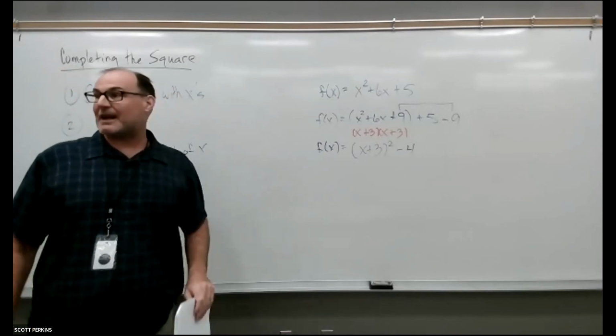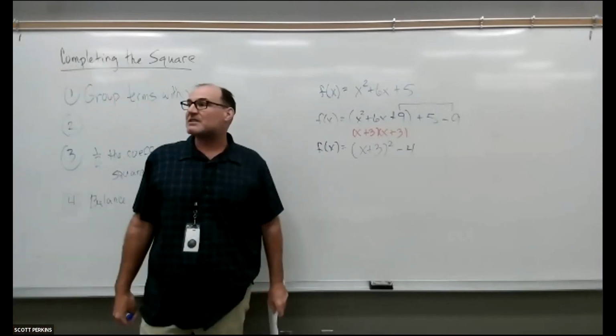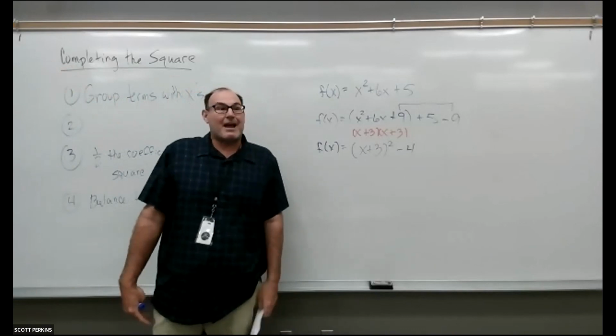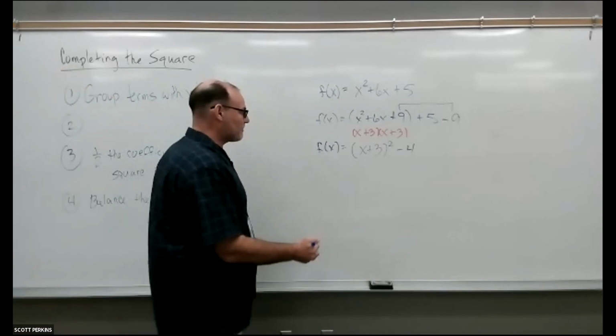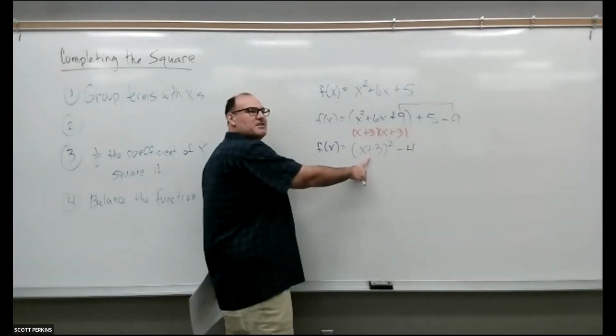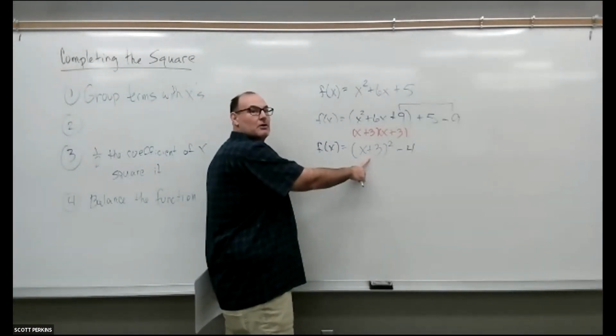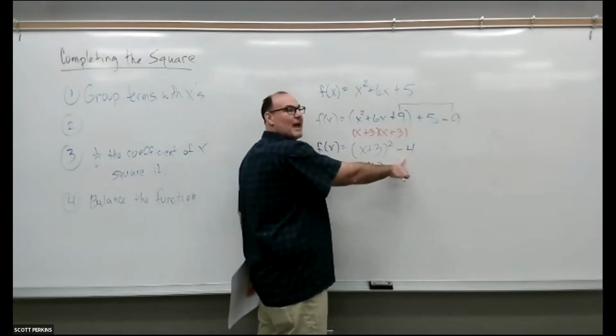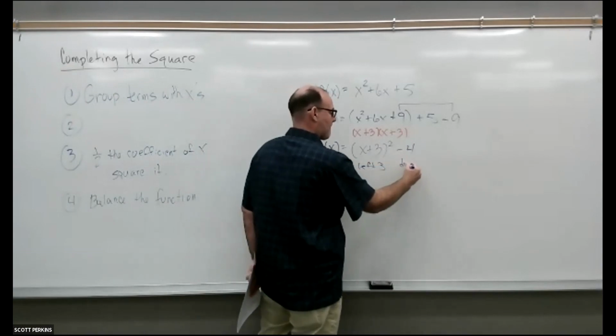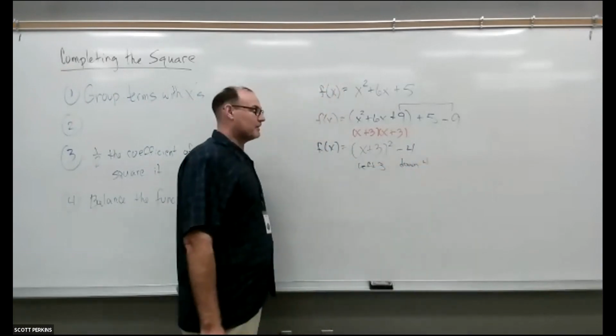So the first thing that I want to know is, what's the vertex? The vertex is just another way of saying, which way has this been translated, or what's happened to this? So what does this +3 tell me happens to the graph? It goes left 3. What does this -4 tell me happens to the graph? It goes down 4. That's true.